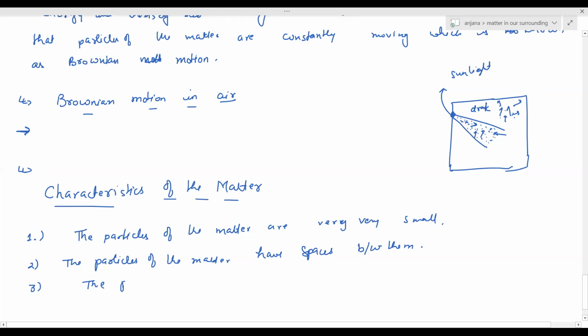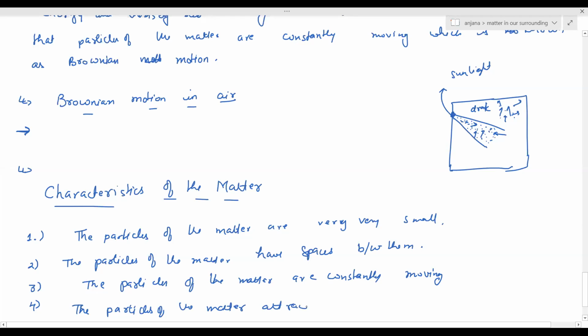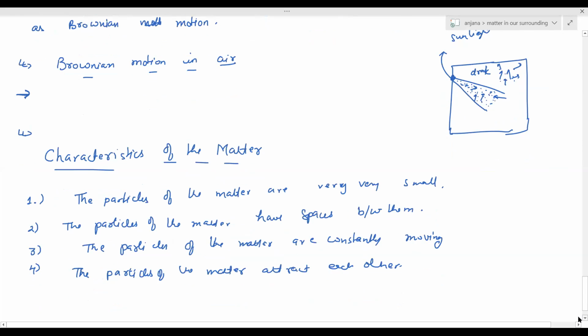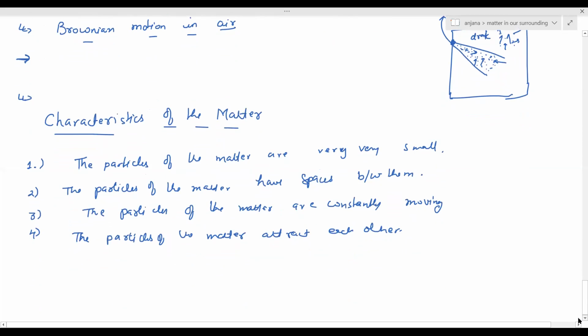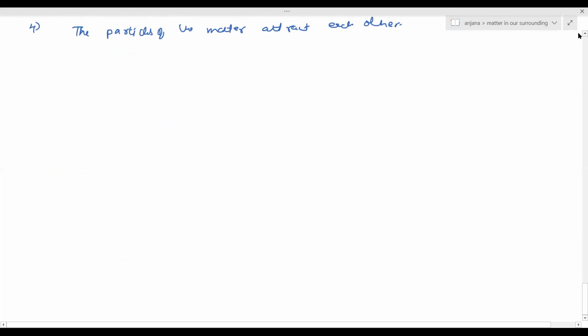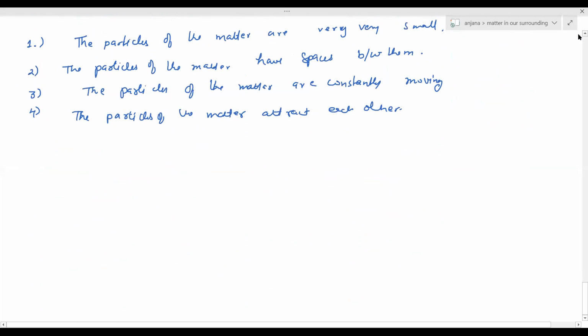Third, the particles of matter are constantly moving. And the fourth one, the particles of matter attract each other. We will be dealing with all these characteristics one by one. So just write down these characteristics first, and if you're not able to understand my handwriting, do let me know.